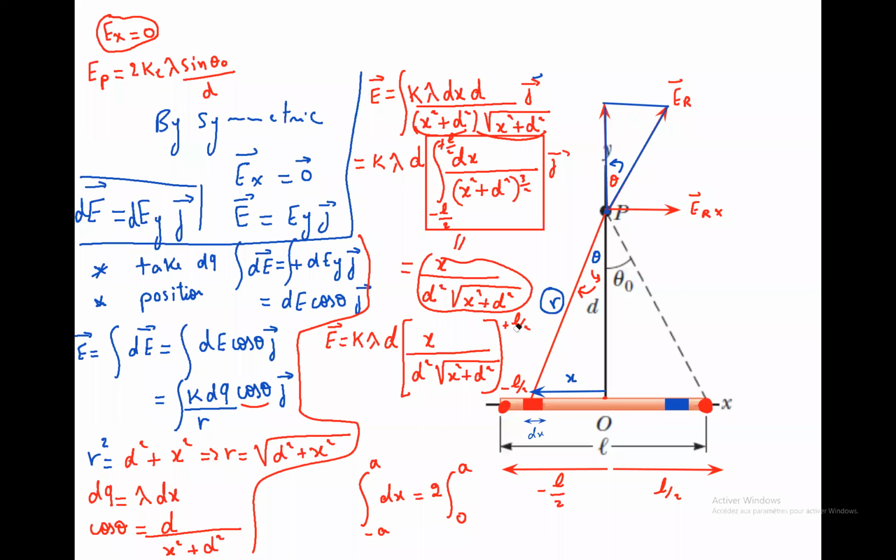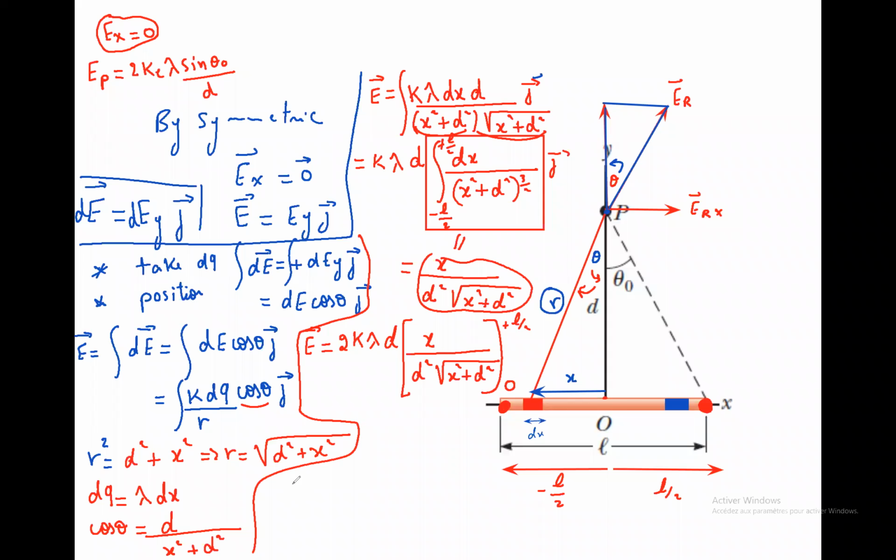So instead of minus L over 2, you can put 0, and here you put 2. Okay? It's important. So this is the final equation. We substitute L over 2 by its value. We put the value of x by L over 2.